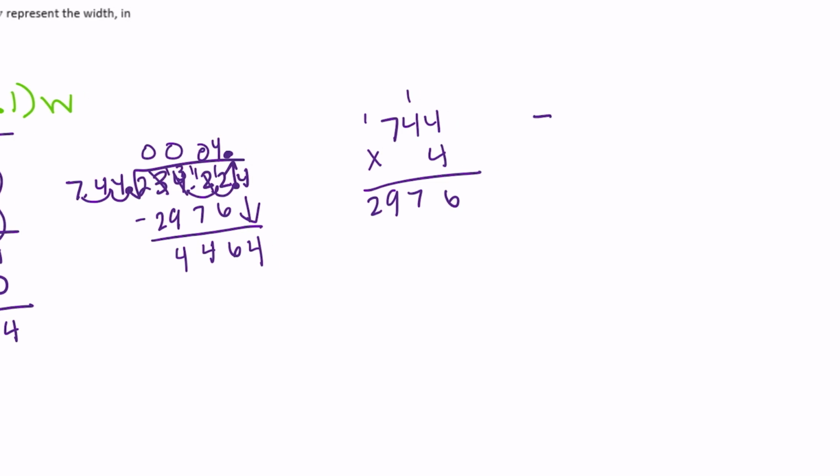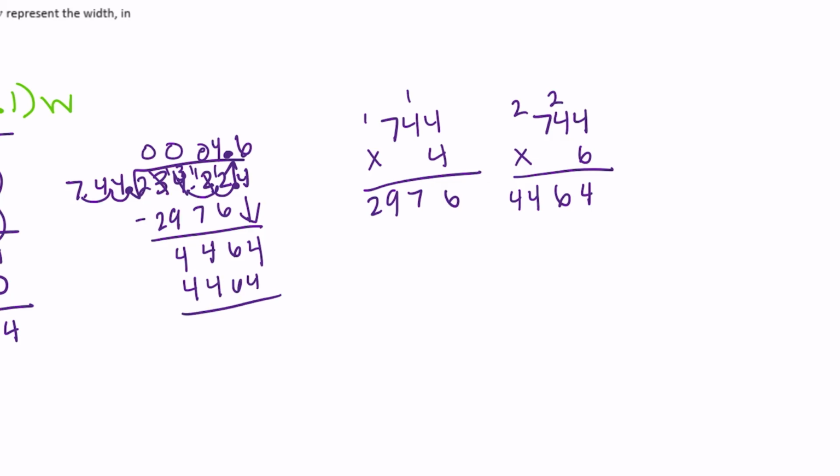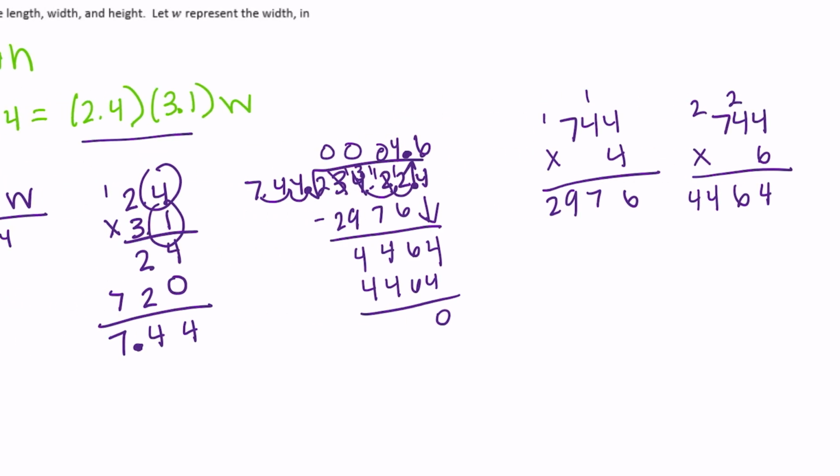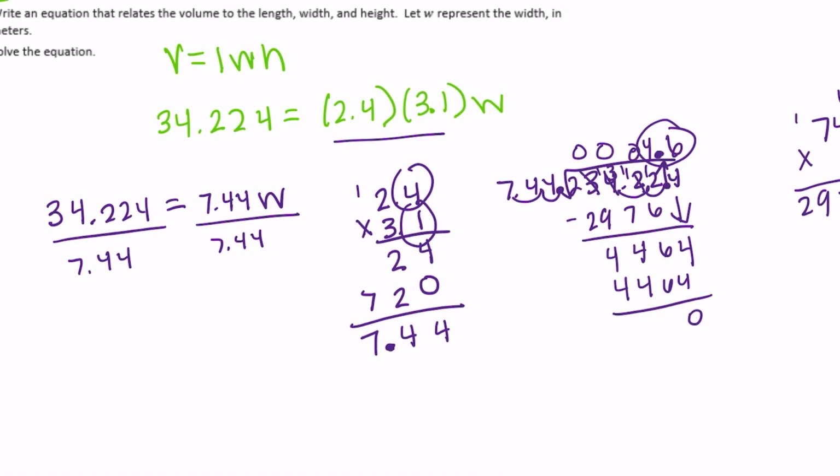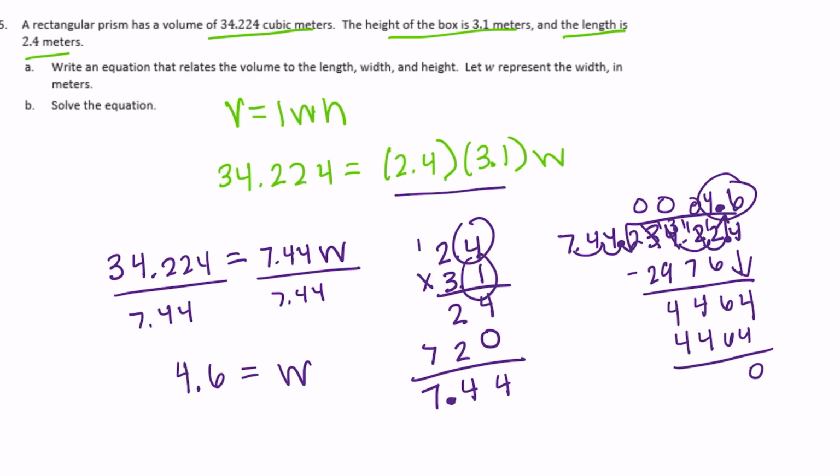Probably, let's try 6 times. Seven times 6 is 42, plus 2 is 44. Yep. Goes in exactly 6 times. Nothing to bring down, no remainder. So we get 4 6/10 is equal to the width, and it would be 4 6/10 meters.